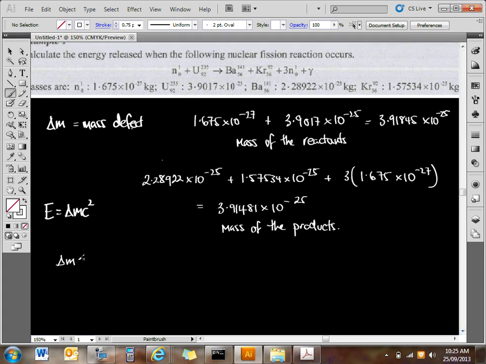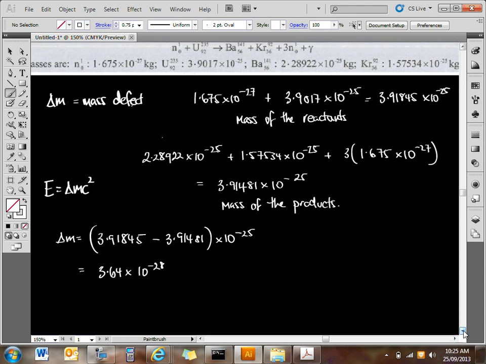Delta M equals this number, 3.91845, minus 3.91481. Delta M is equal to 3.64 by 10 to the minus 28. That's correct? Yes, thank you.